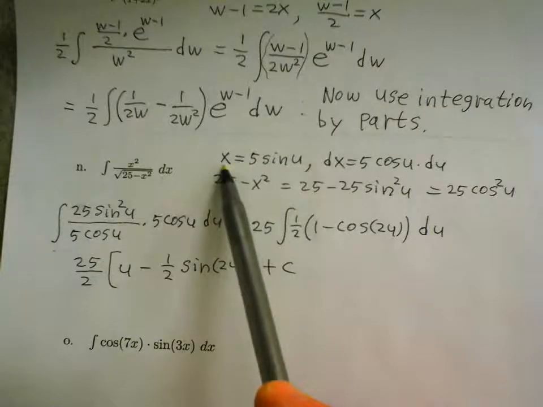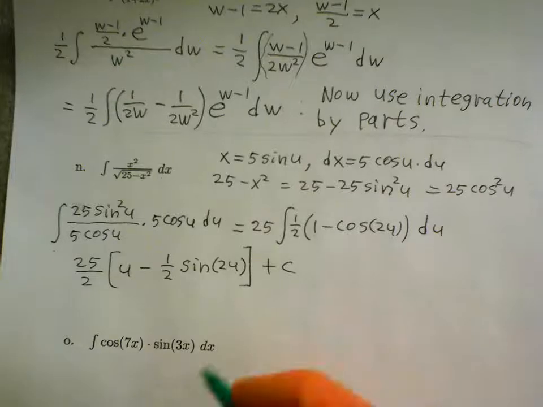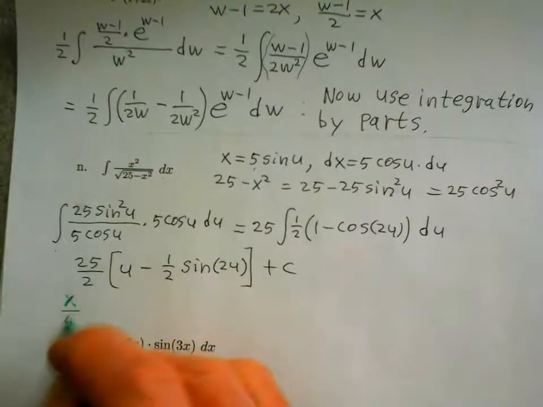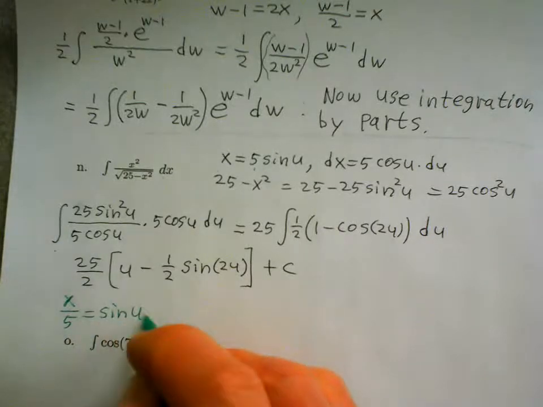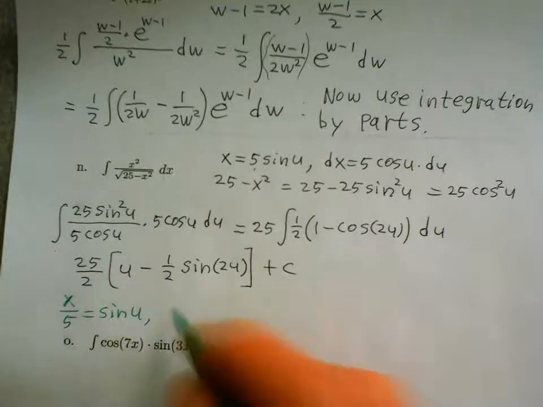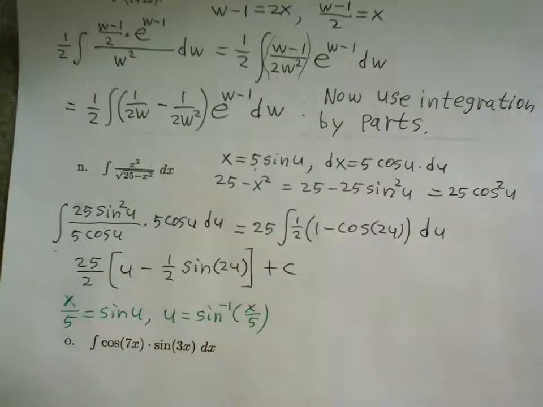Well, since x equals 5 times sine of u, x over 5 equals sine of u. So that means u is equal to inverse sine of x divided by 5. Okay, that's going to take care of that u.